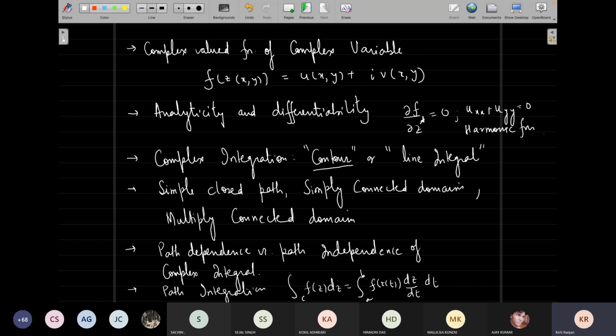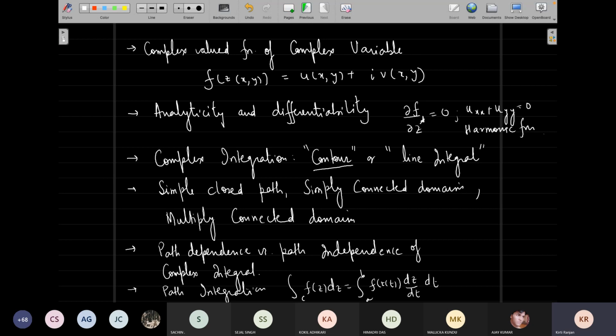We were using path integration. What was path integration? We were parameterizing our z in terms of a real variable t, which takes values between a and b. So the complex integral over the contour C can be written as the integral of f(z(t)) times dz/dt dt.